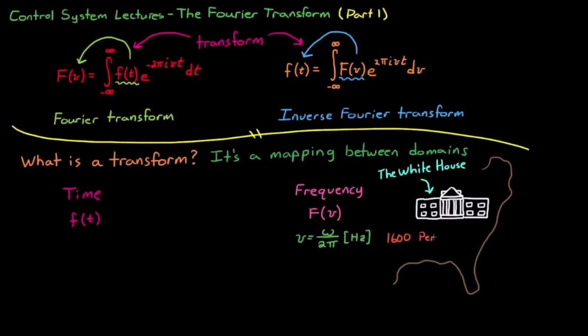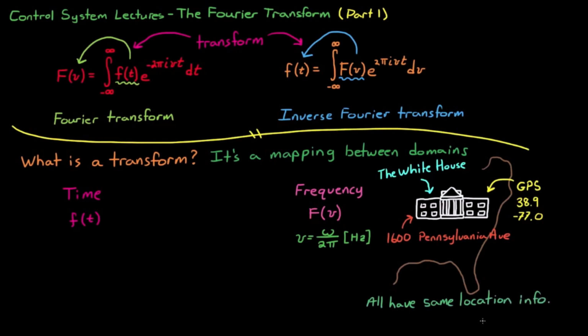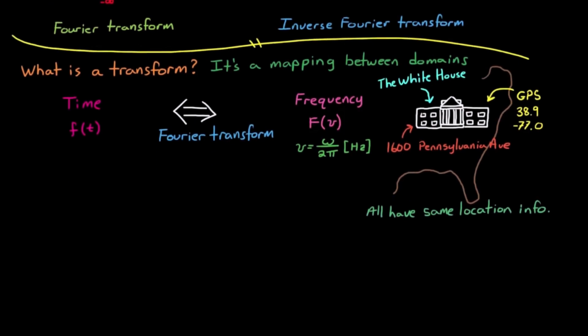However, I could have also said find me at 1600 Pennsylvania Avenue, Washington, D.C., or find me at these specific GPS locations. Each of these descriptions represents the exact same location. They're just stated a little bit differently. Depending on your situation, one way of presenting the information might be better than another, and a transform would get you from one representation to another. This is exactly what the Fourier transform does. It jumps between two sets of information. But instead of converting between two addresses, it converts between the time domain, f of t, and the frequency domain, f of nu.